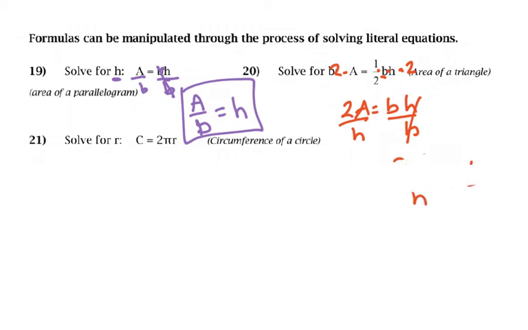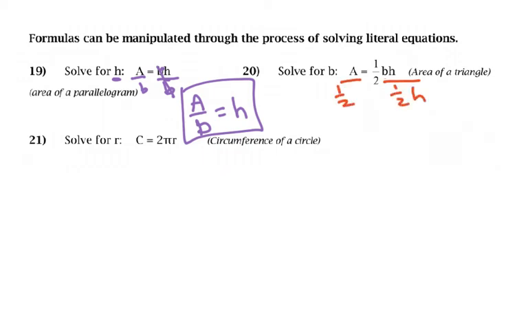I actually could do all of that in one step if I thought about it. So I could say I'm going to divide by 1/2 h, but I really need to know what I'm doing over here, because I don't want to leave it like a divided by 1/2 h. Having a fraction in the denominator of a fraction is not really simplified. So that's why I'd probably say do it in two separate steps so that you write the correct thing. So it's going to be 2a divided by h equals b.